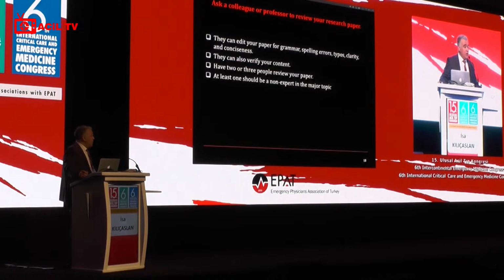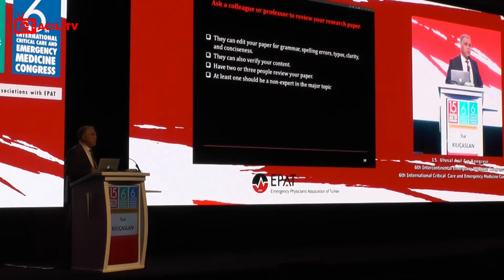and also you should look at what the other journal alternatives are. At that point, very important, ask a colleague or professor to review your research paper. Your professor or your colleagues can edit your paper for grammatical errors, spelling errors or typos, clarity and the conciseness of your manuscript.